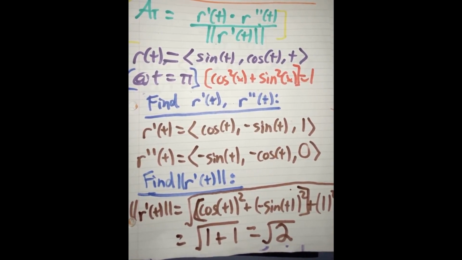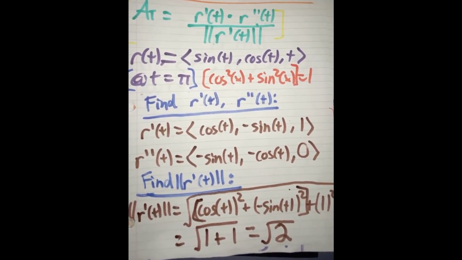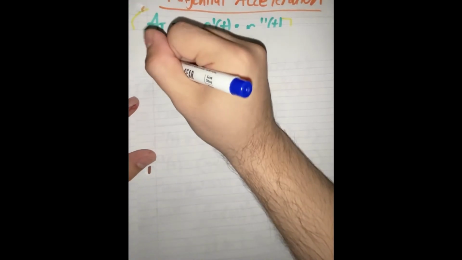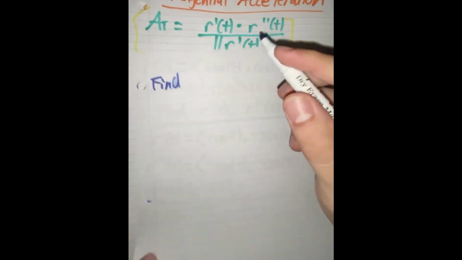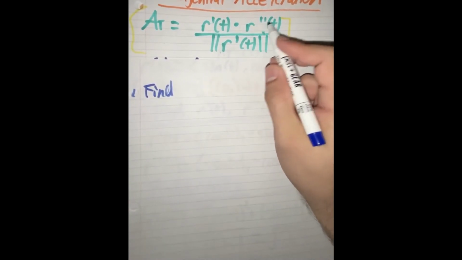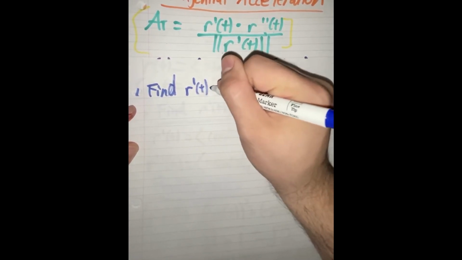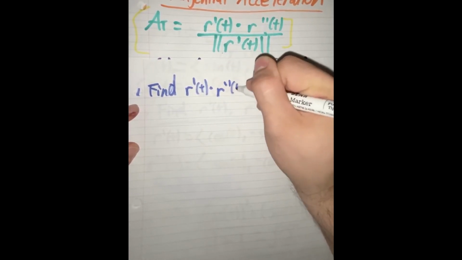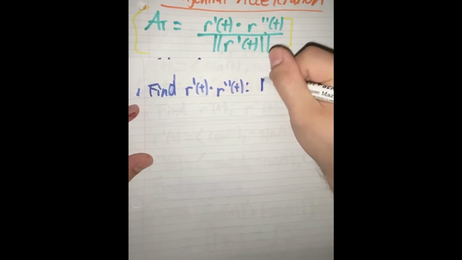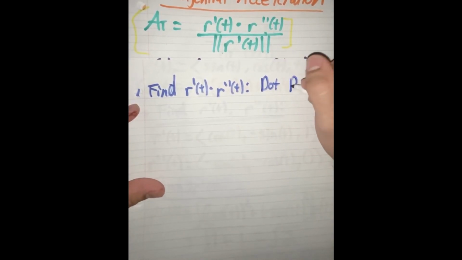Now the next step is we're going to find the dot product, because the formula tells us we have to find r prime dotted with r double prime. So we find the dot product of r prime and r double prime, and in parentheses I'll put dot product so you don't accidentally compute a cross product.